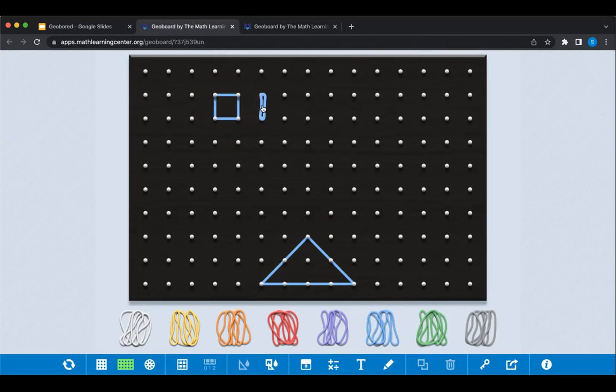This is 1 square. 2 squares, 3 squares, 4, 5, and 6. Make sure your geoboard looks just like mine. I'll be walking around to check your geoboards. After you have done your 6 blue squares, you're going to make 3 purple squares right underneath, okay?